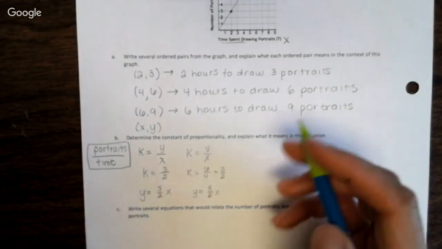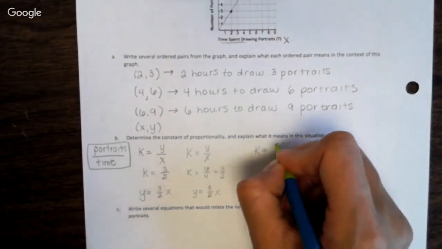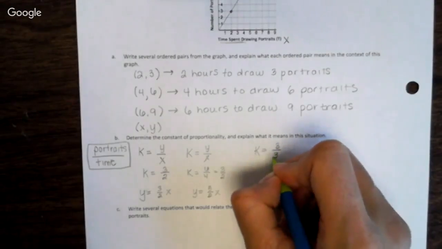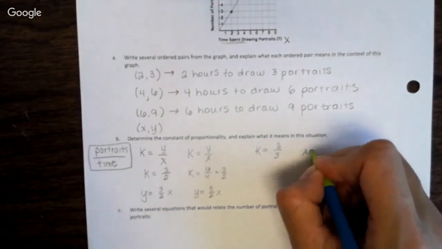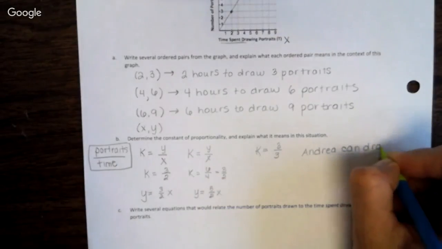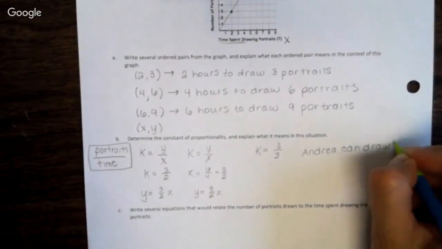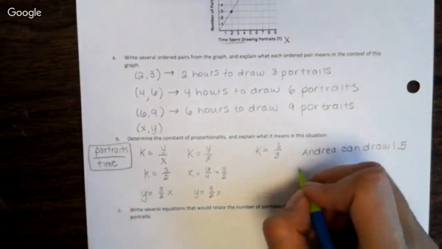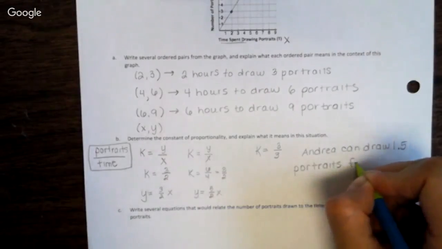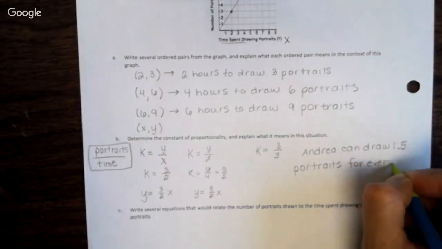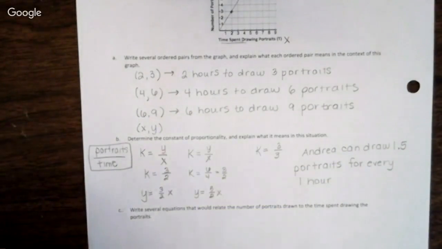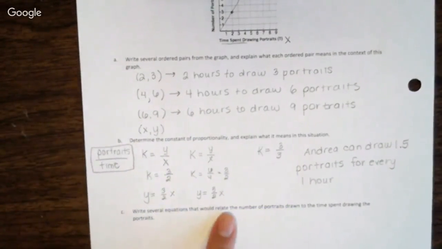All right, so this is asking for the constant of proportionality, which is 3/2. So that means that Andrea can draw, we'll say 1.5 instead of 3/2 portraits, so 1.5 portraits for every 1 hour.